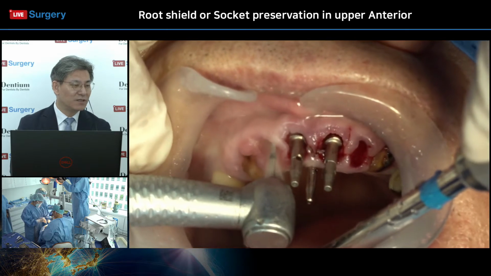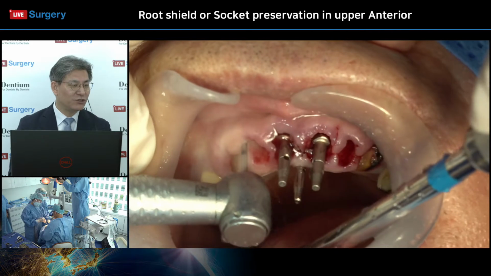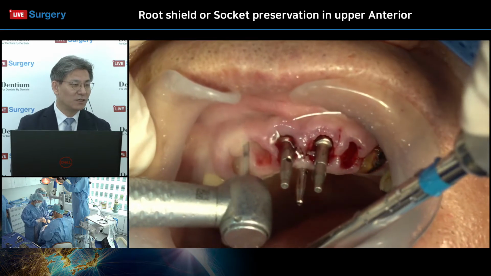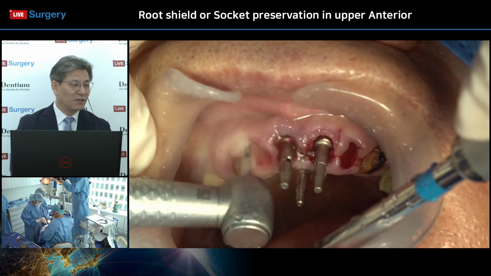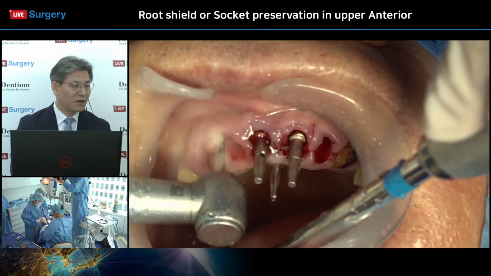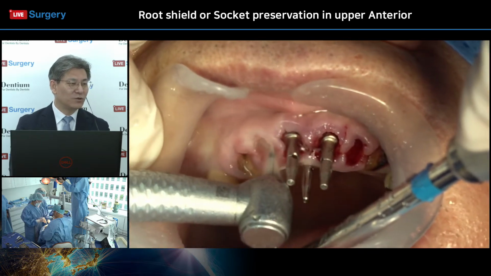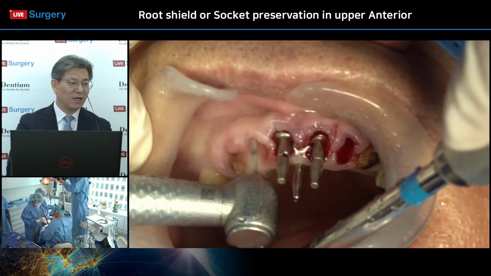Not damaging the lateral portion, even the soft tissues and the socket. And the cutting bar has a blade on the bottom portion of the bar, so all the remnant of the tooth root makes a plane.